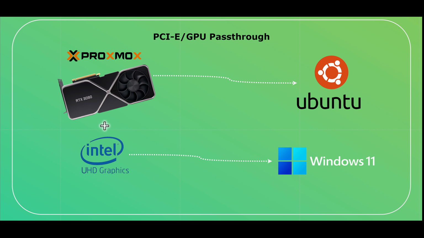Then you will need to blacklist the GPU drivers from the Proxmox host OS to make sure that the GPU is available for pass-through. If you forget to do this step, then you will get an error while starting the GPU VM.